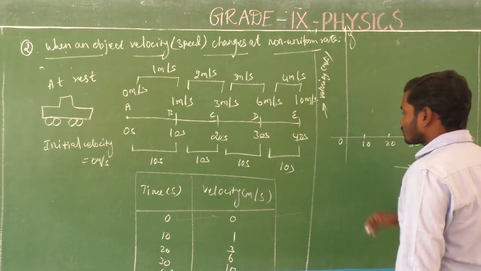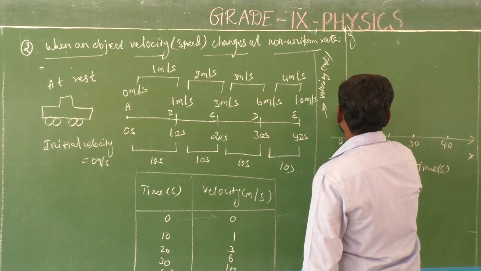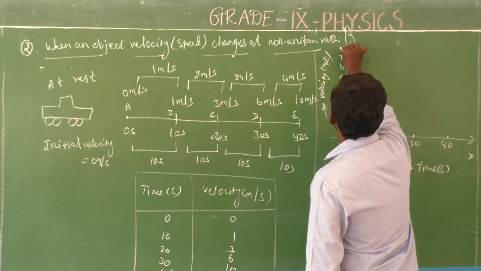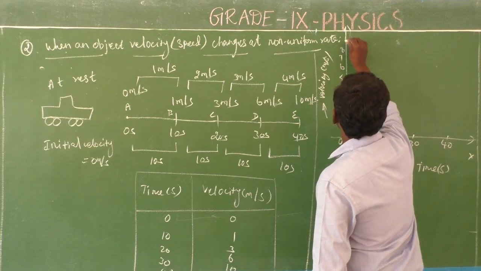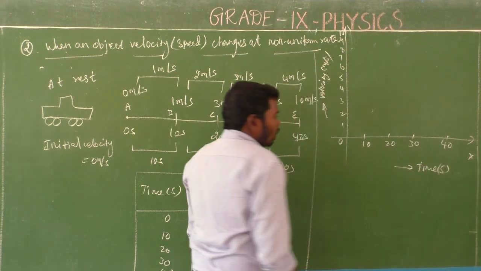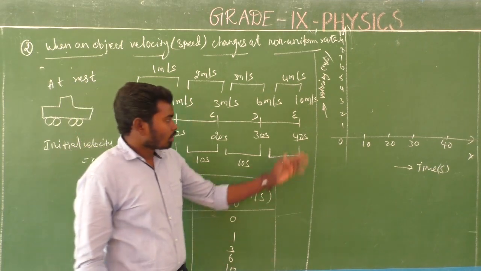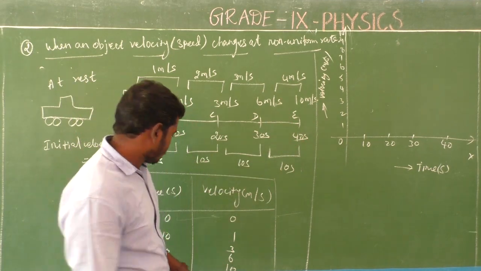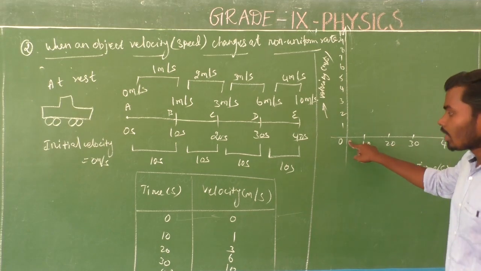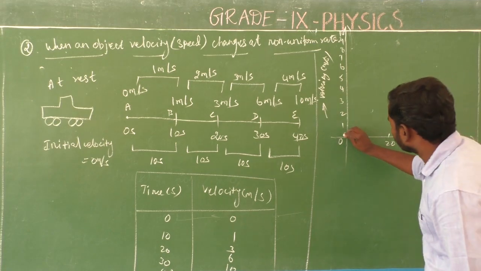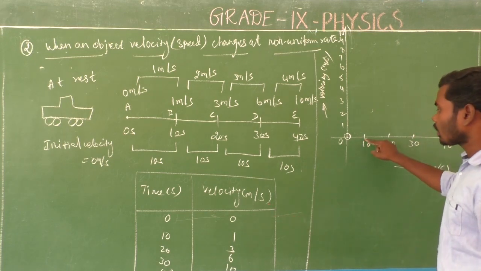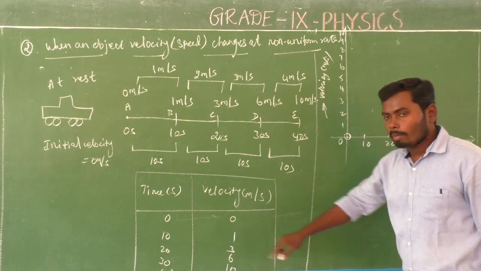Then on the y-axis, 1 unit is equal to 1 meters per second. At time 0, which means 0 second, what is the velocity of the object? 0. Then at 10 second, the velocity is equal to 1 meters per second.